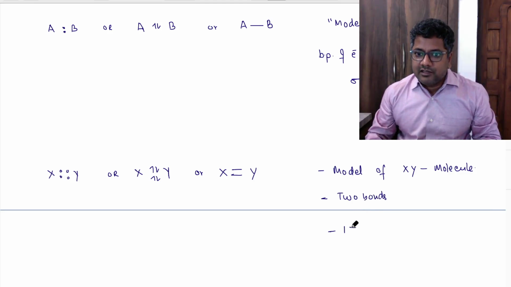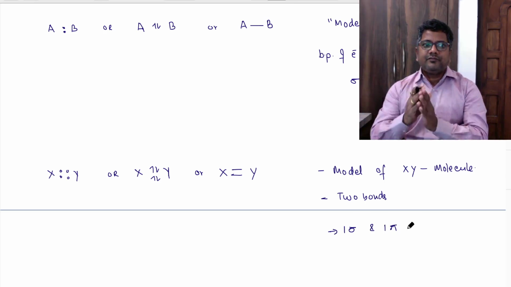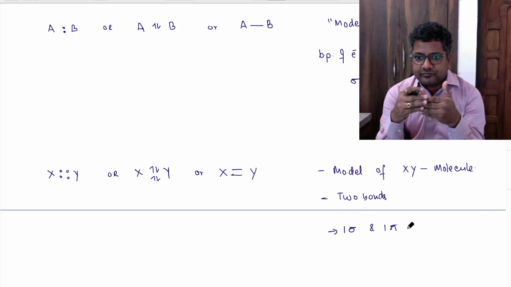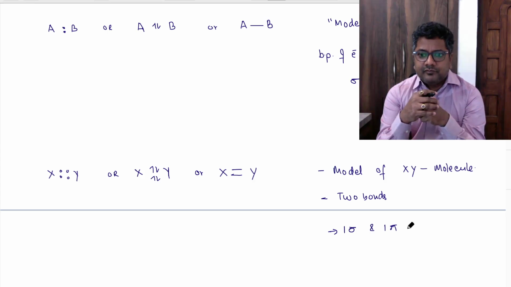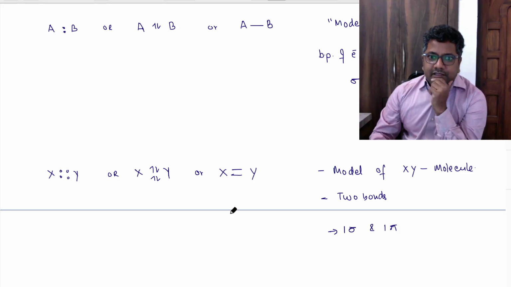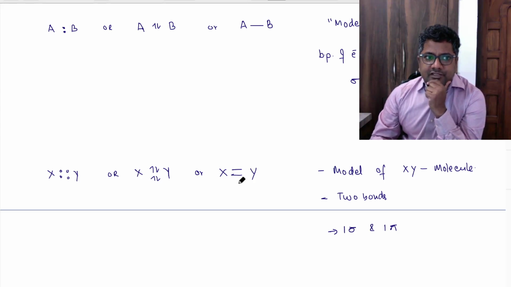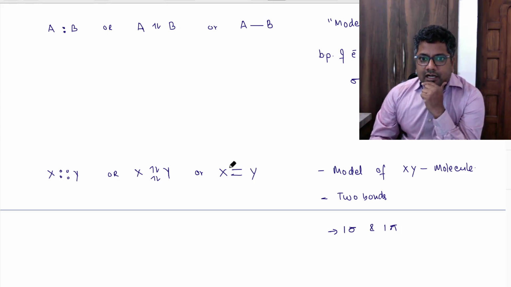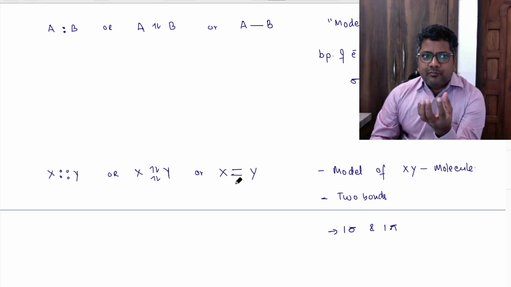Here 1 sigma and 1 pi. So if there is a double bond between 2 atoms, one bond is always sigma and the second one is always pi. So it means here in this representation, one can explain that these two bonds appear similar, so both have the same energy.